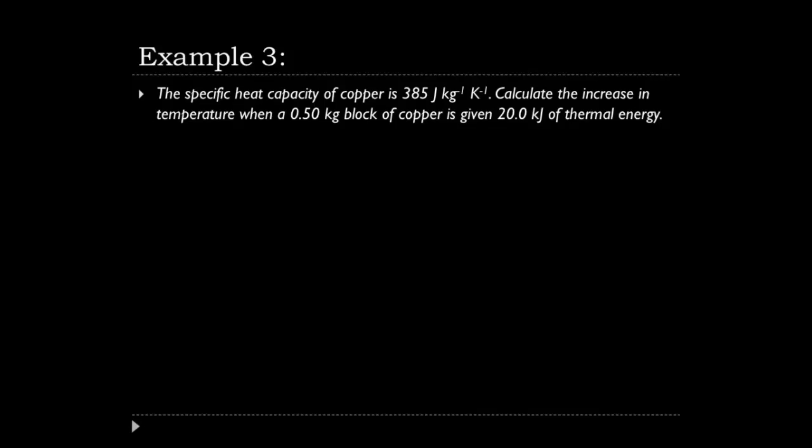The specific heat capacity of copper is 385 joules per kilogram per Kelvin. Calculate the increase in temperature when a 0.5 kilogram block of copper is given 20 kilojoules of thermal energy. So again, the equation is Q equals mc delta T. We want to work out what the change in temperature is, and we're given that the mass is 0.50 kg.